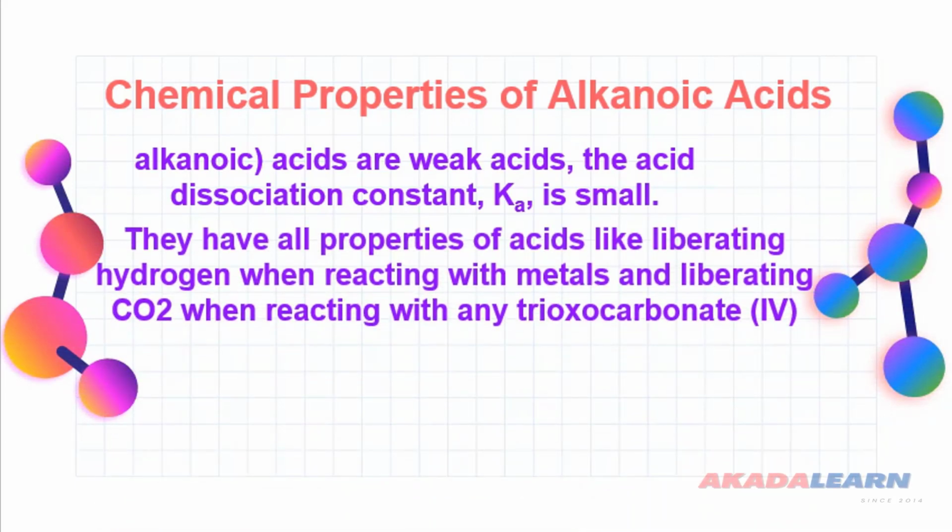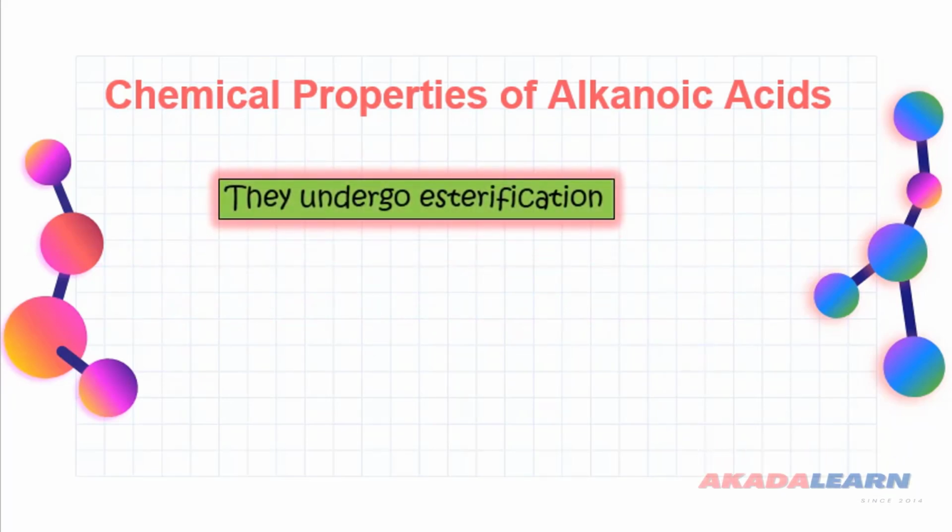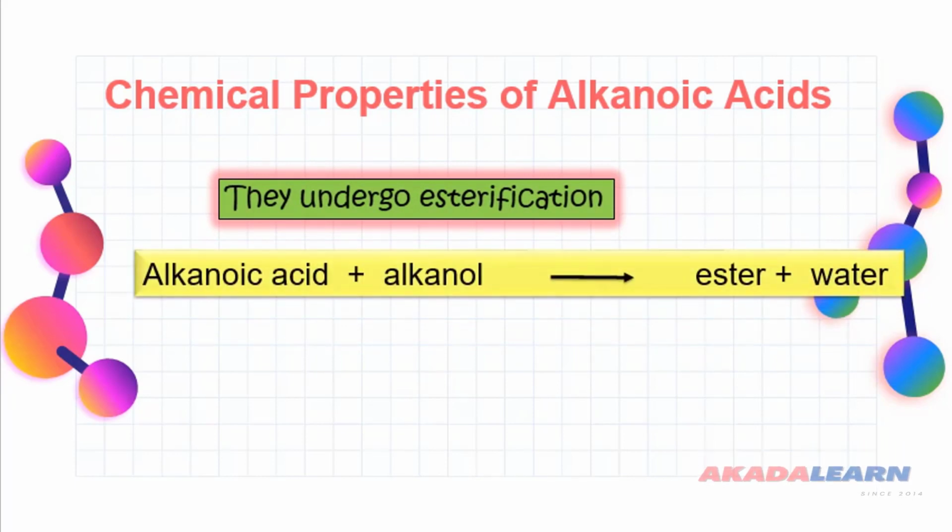They have all properties of acids, like liberating hydrogen when reacting with metals and liberating CO2 when reacting with trioxocarbonate(IV). They undergo esterification. Remember, that's the forming of esters. Reaction of an alkanoic acid plus an alkanol will always give us an ester and water.